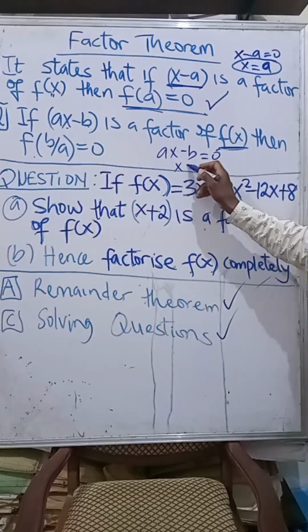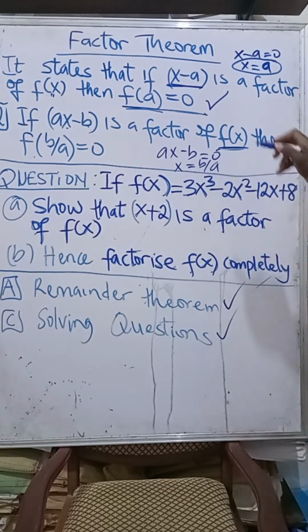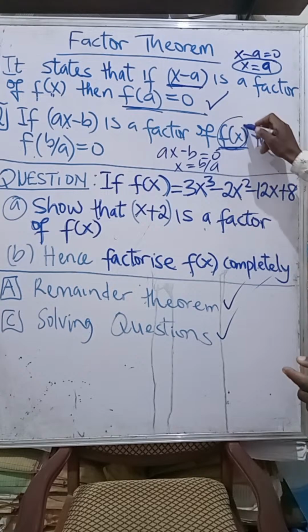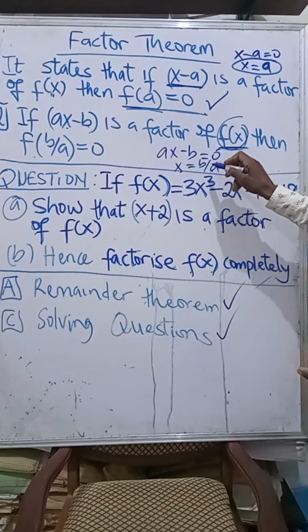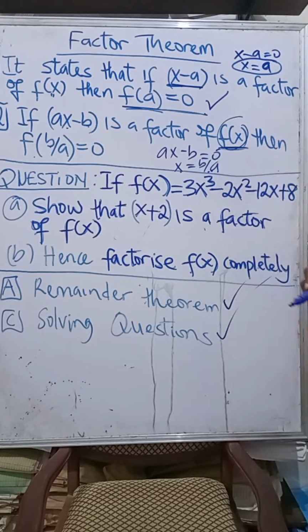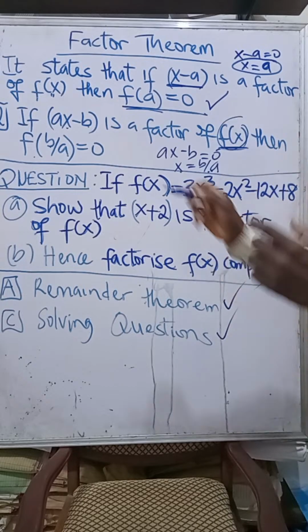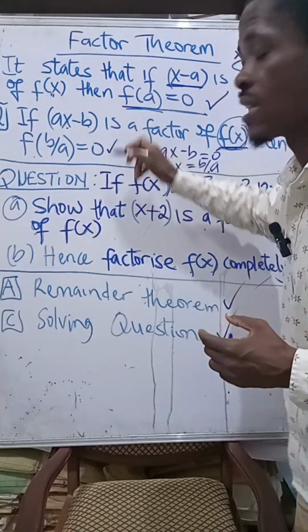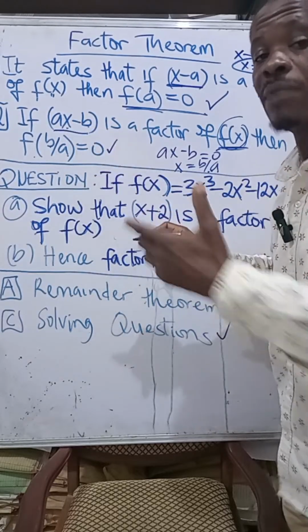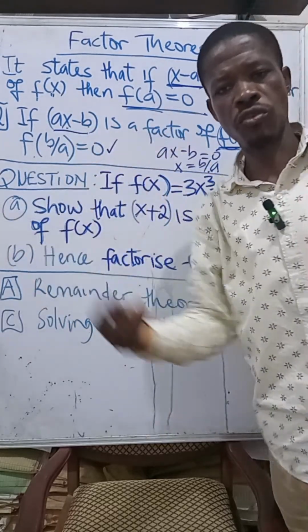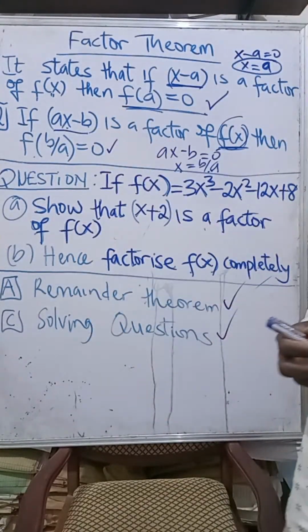So if you do that, you are going to have b over a. Then you go to your polynomial, your f of x, and substitute. Anywhere you see x, you put b over a there. If that substitution is equal to 0, it confirms that the expression ax minus b is a factor.